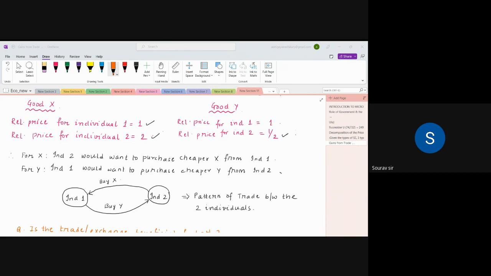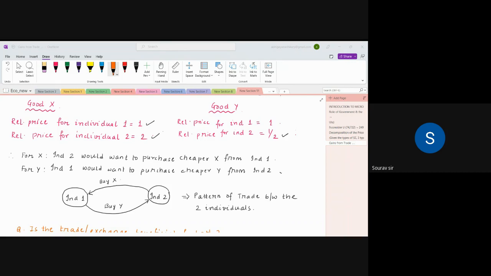What will happen to individual 2 in that case? If you look at this, individual 2 purchases good X because it is cheaper to purchase from individual 1, right? His relative price is 2 and individual 1's relative price was 1. So that means he would have to sacrifice 2 units of Y to produce 1 extra unit of X. On the other hand, if he buys it from individual 1, how many units of Y does he have to sacrifice?